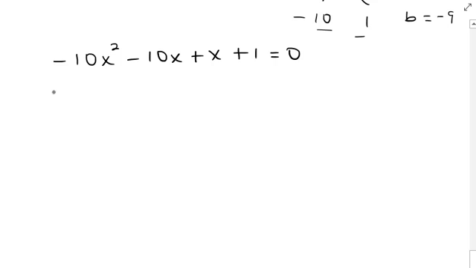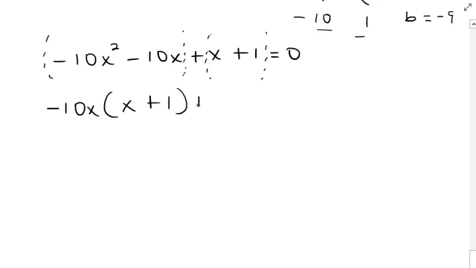So we need to factorize. What is common? Minus 10x is common, so minus 10x times (x plus 1). And here, what is common? Plus 1 is common. That's x plus 1 equals 0.